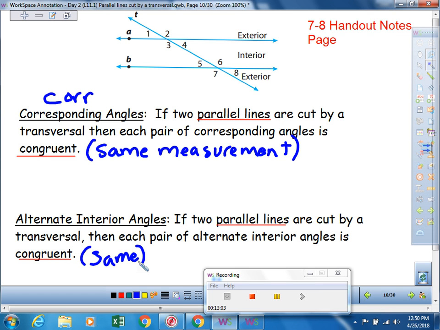Alternate interior angles are the same measurement. All right, alternate interior. They're in the interior, remember your bread on the sandwich? They're in the interior, but they're on alternating sides of the transversal. So 4 and 5 are alternate interior. 3 and 6 are alternate interior. Okay?